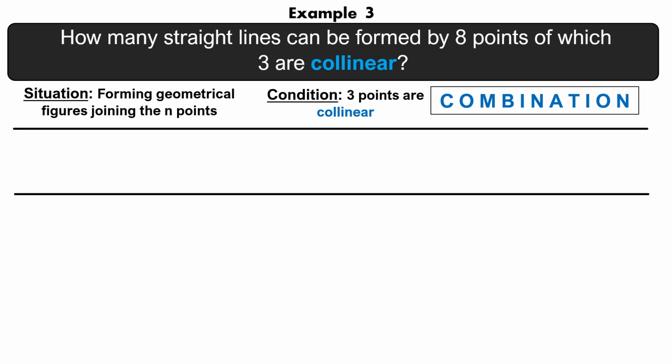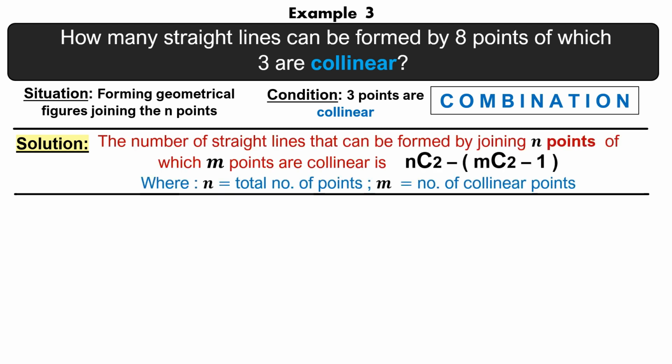How are we going to apply here the concept of combination? Solution? Actually, we can use a formula here. The formula in getting the number of straight lines that can be formed by joining the endpoints of which m points are collinear is n choose 2 minus quantity m choose 2 minus 1, where n is the total number of points and m is the number of collinear points.